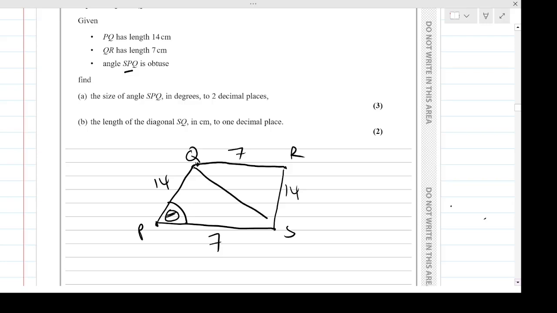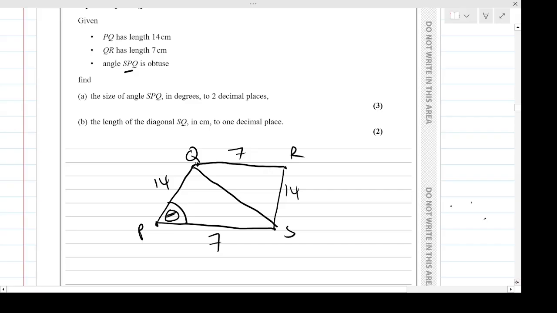Why triangles? Because we can't do anything as a parallelogram, but if you split it into a triangle, I can do all sorts. Anything to deal with angles, I want to split into triangles and use SOHCAHTOA, cosine rule, stuff like that. Best way to split it is through the diagonal.